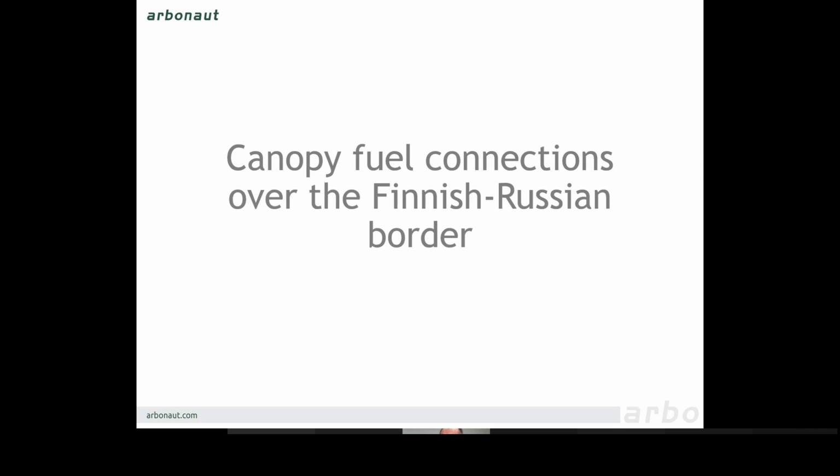So first, we will look at the canopy fuel connections over the Finnish and Russian border. In this presentation, we'll look at two kinds of connections that are related to fire management. One is the canopy fuel, and another is the high flammability sites. There are basically two kinds of transit of fire.